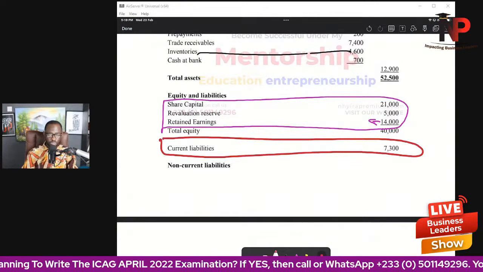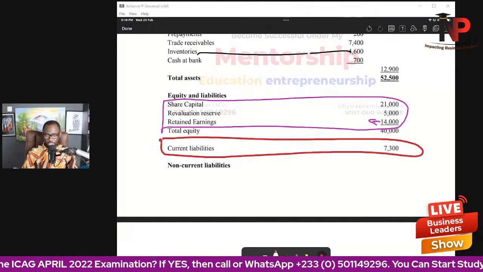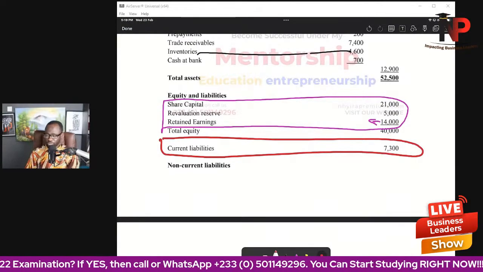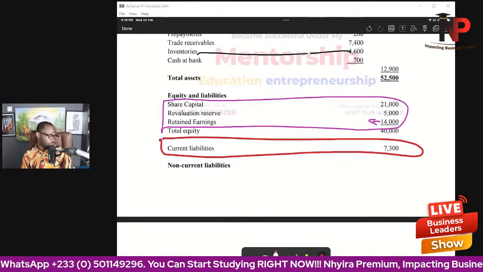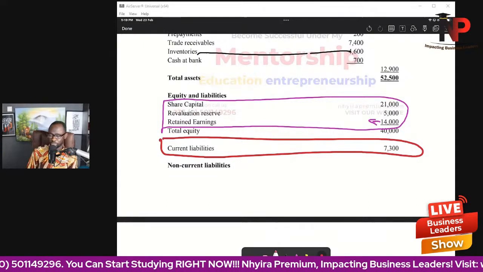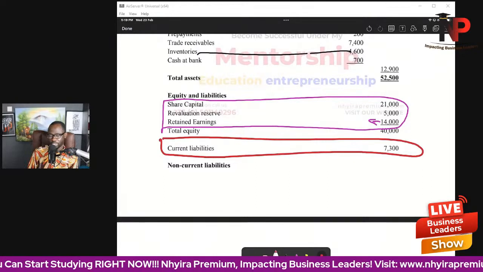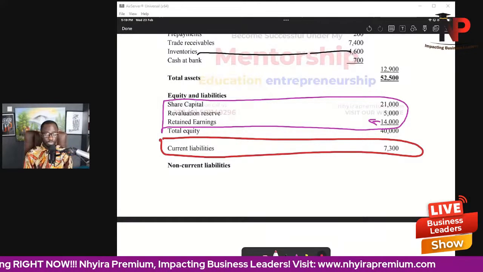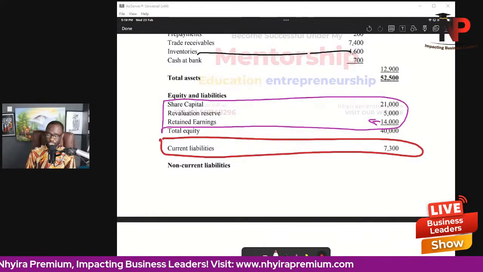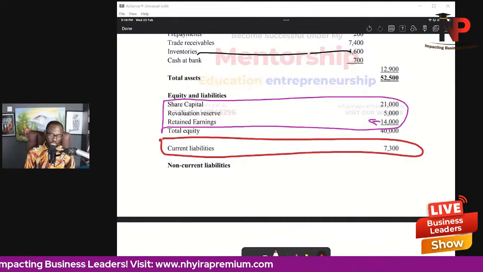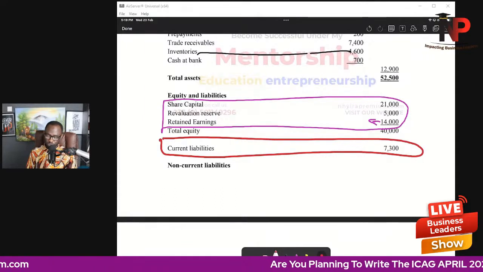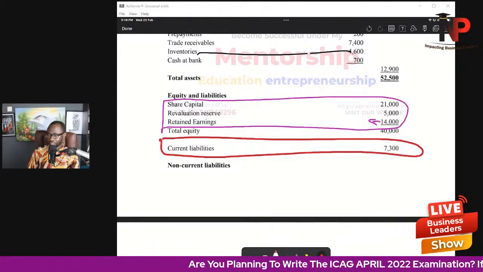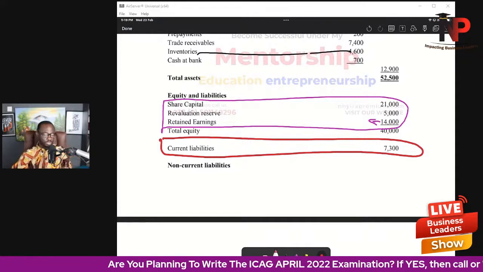So whatever liability is outstanding is supposed to be included there. On the face of the statement of financial position, it should be part of current liability. But since we are given the figure for current liability, it appears that it's already there. Any other questions, please?